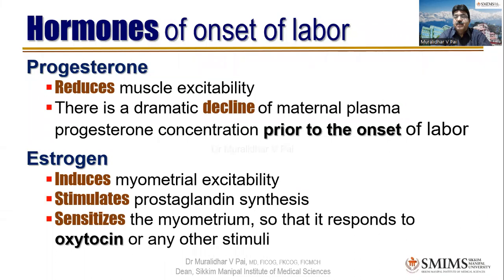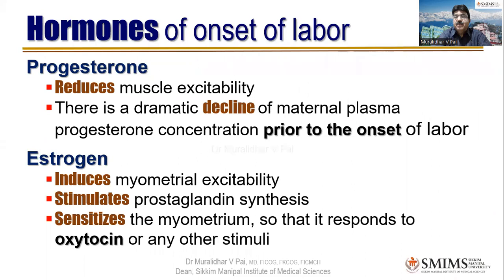So this is the beauty of just two hormones that we have. That's what I always tell even my patients, that we have just two hormones and they can have different timings, different roles, and different concentrations that make them play different games. So here estrogen actually does three things. One is it sensitizes the myometrium so that it responds to oxytocin. It induces myometrial excitability and also stimulates prostaglandins.